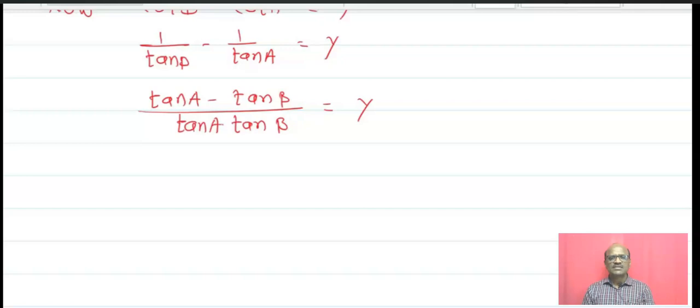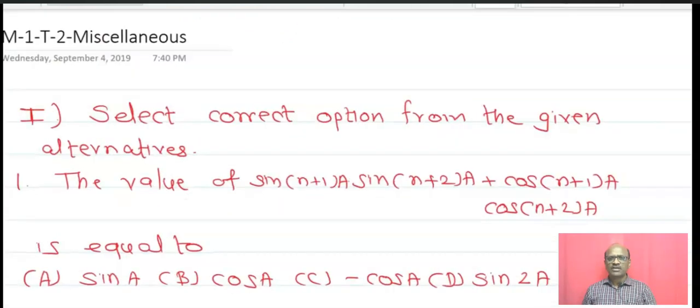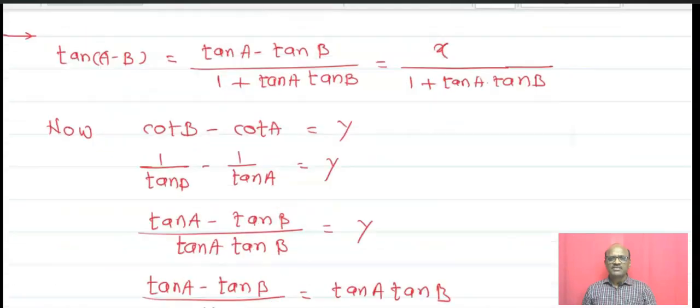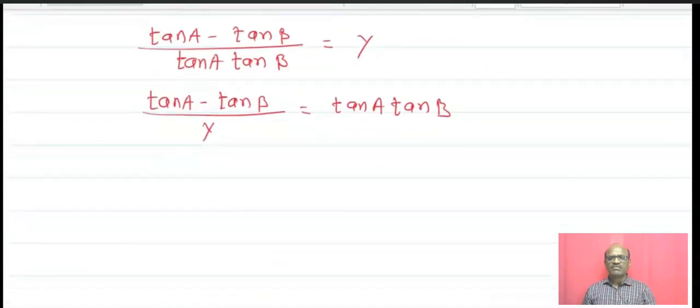And that's why you will get (tan A minus tan B) upon y is equal to tan A into tan B.